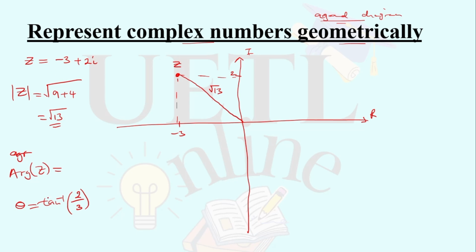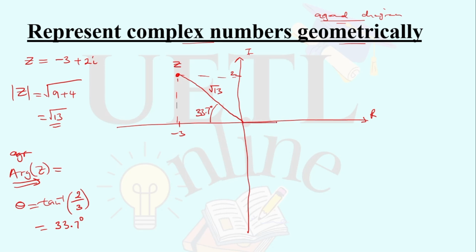Rounded to one decimal place, our angle is 33.7 degrees. This is theta. We draw our theta here. It is the angle from the x-axis, so this is 33.7.